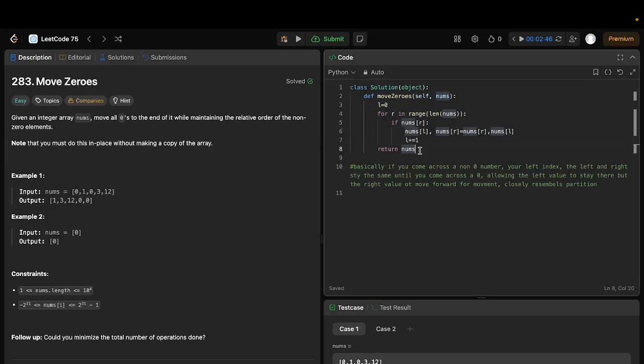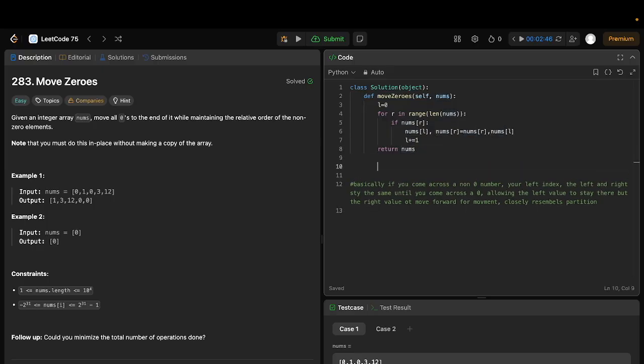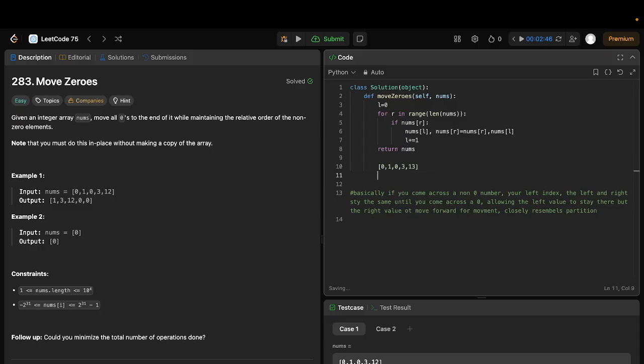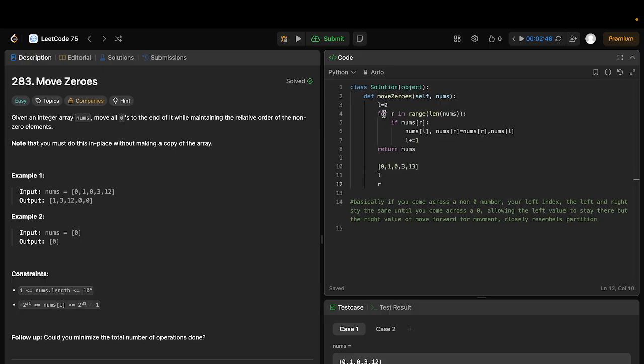Now to visualize this a little bit, let's write down our input array: 0, 1, 0, 3, 12. First our L is at 0 and our R is also at 0. So we say, for R in range length nums, if nums at R, which it is not, then we go again and our R continues up.